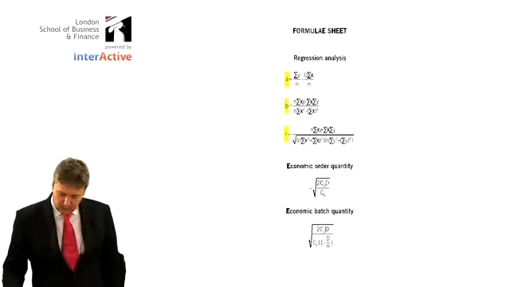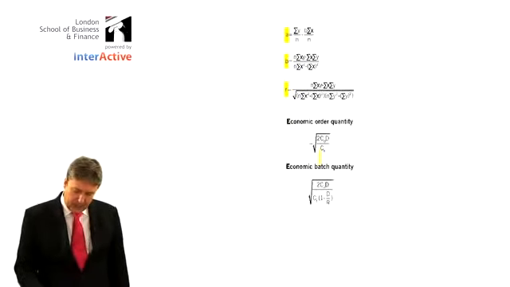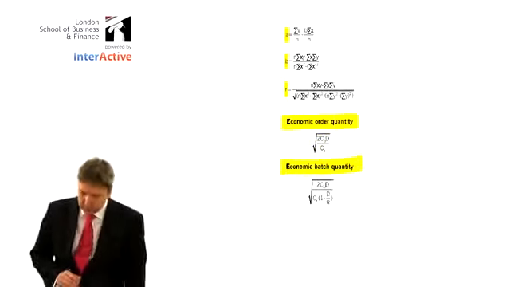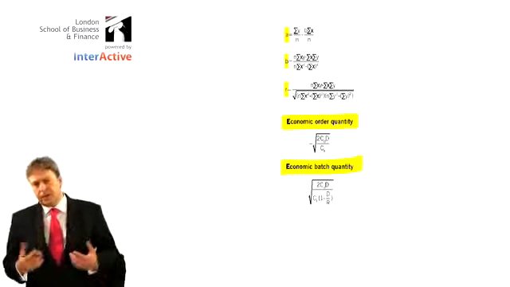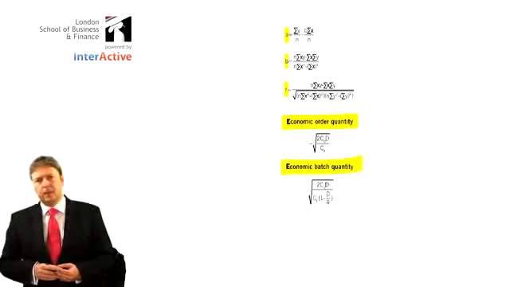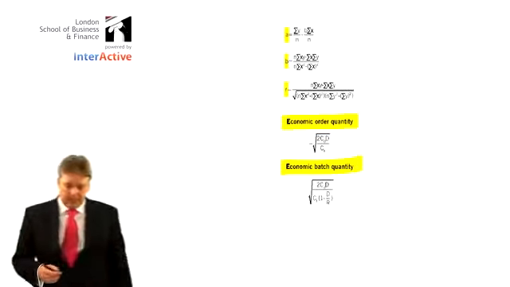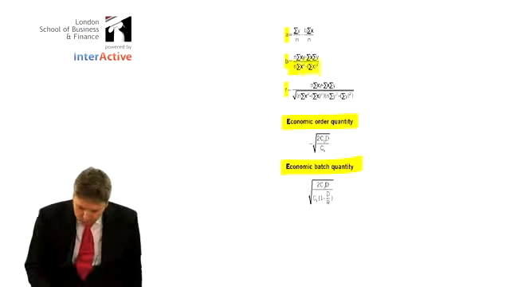Below that, there's not much else that we're given. We're given an economic order quantity, where we establish Q, and we get an economic batch quantity as well. So, nothing too exciting here. Now, what's scaring me is that I'm going to have to do all of this working and all of this working.